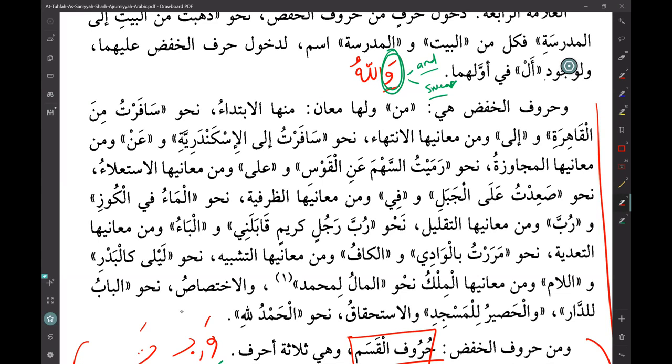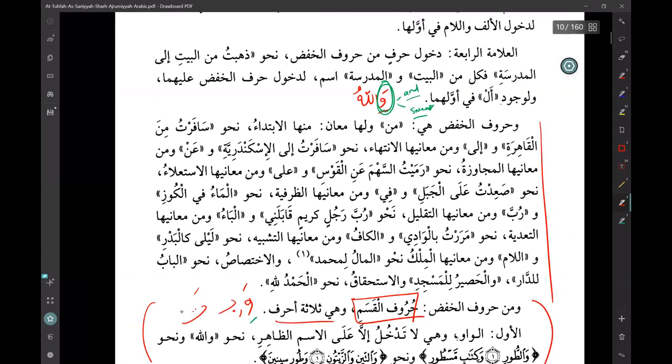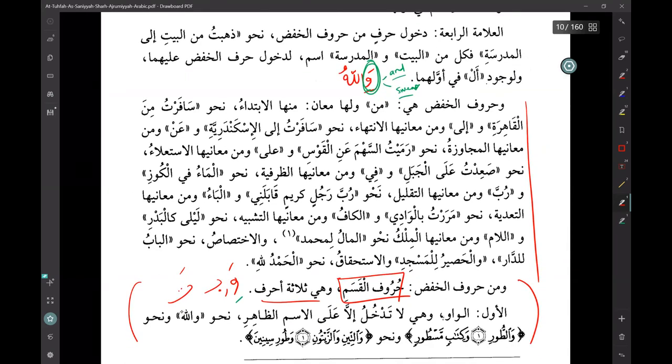Exactly. So this is something that inshallah you have to know, and that's why he's putting all of these huruful jar and huruful qasam in one category. Both huruful jar and huruful qasam make the noun after them majrur, meaning kasra.